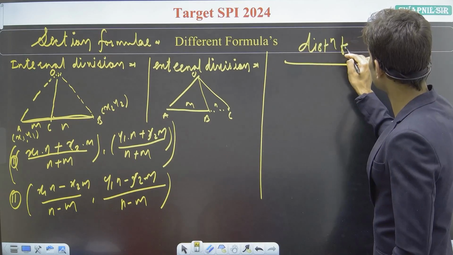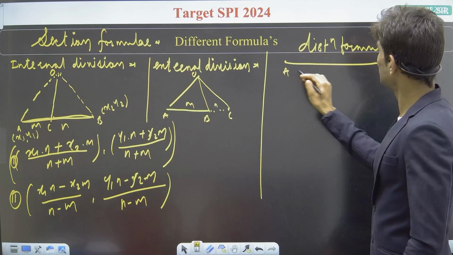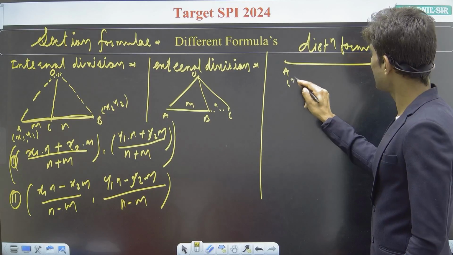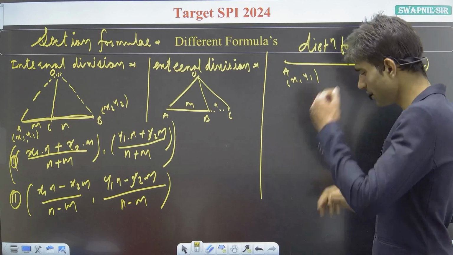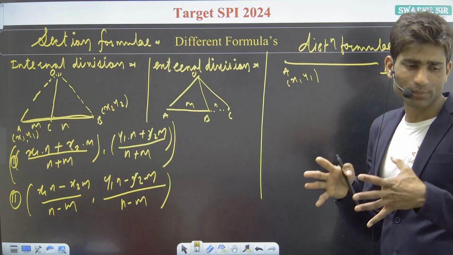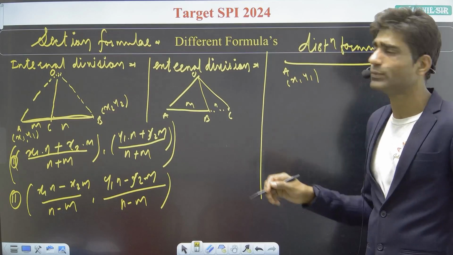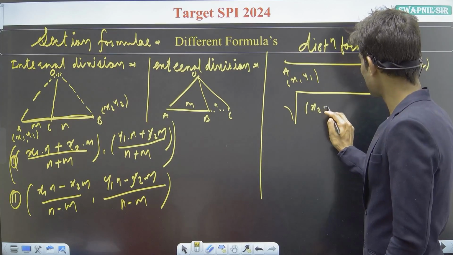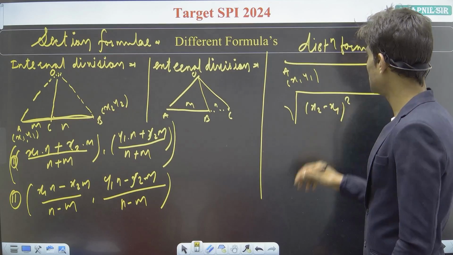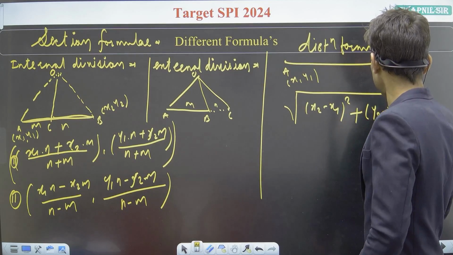Distance formula. Now I'm having segment AB. A has coordinate x1 y1, B has coordinate x2 y2. So I want the distance between these two points, point A to point B. For finding the distance, we always take under square root x2 minus x1, second term minus first term, square, plus y2 minus y1 bracket square.